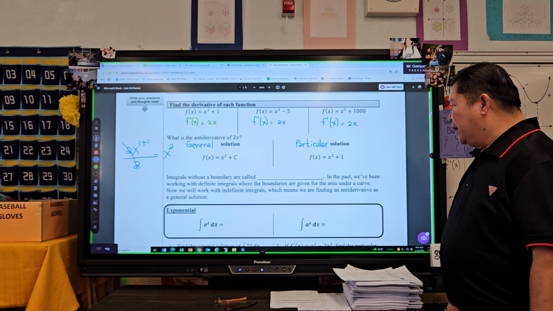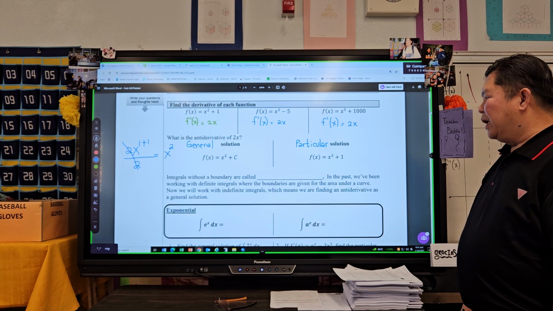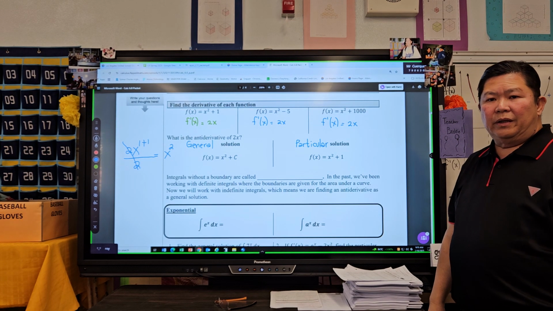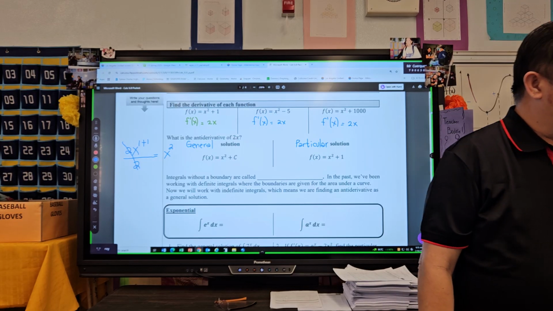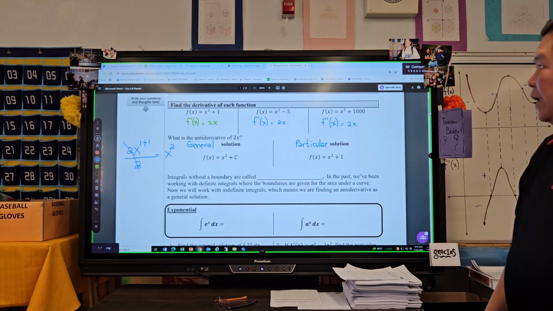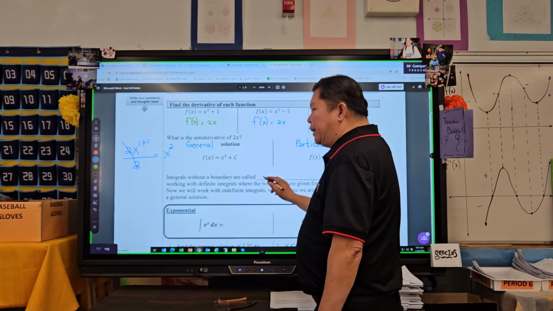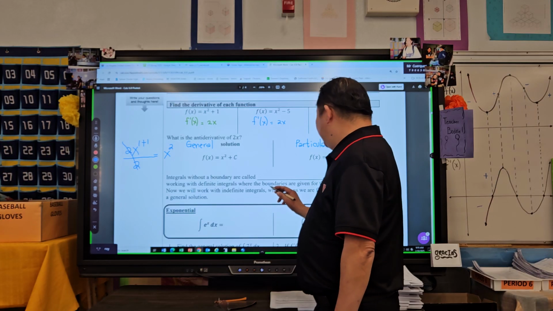Okay. So integrals without a boundary are called indefinite integrals. Without boundary. So can you write it down? Indefinite integral.